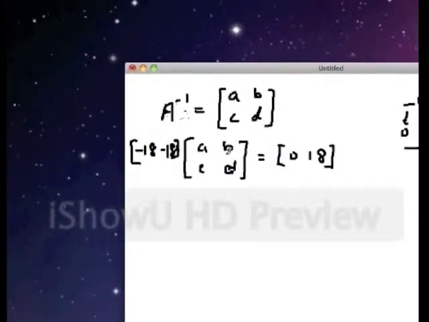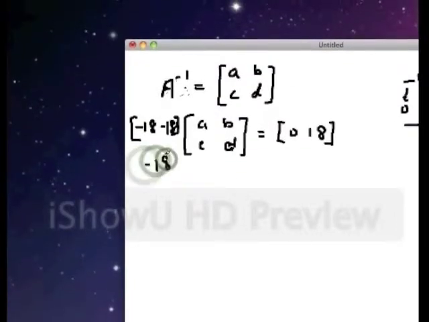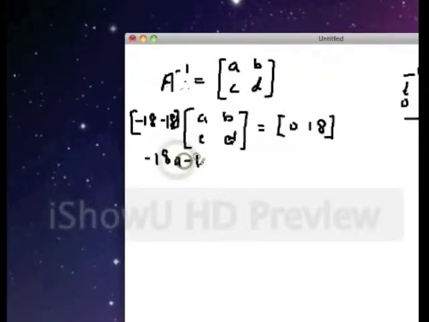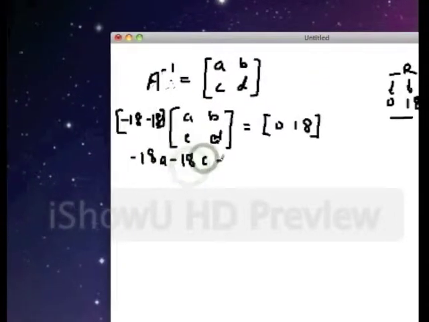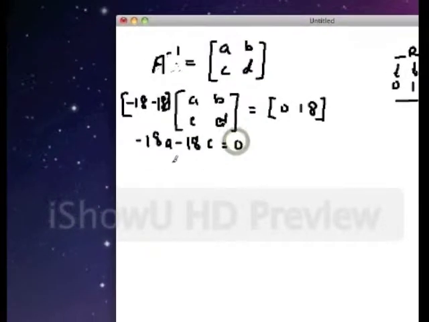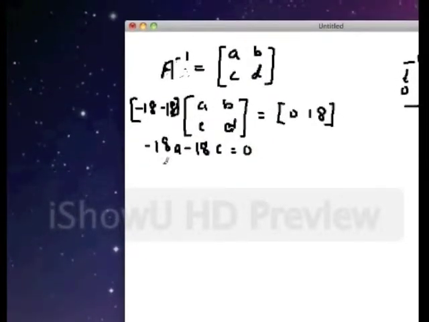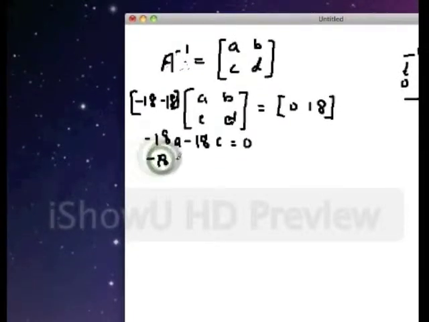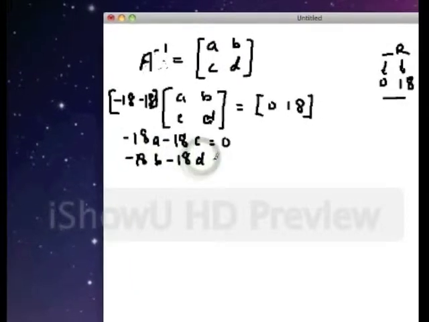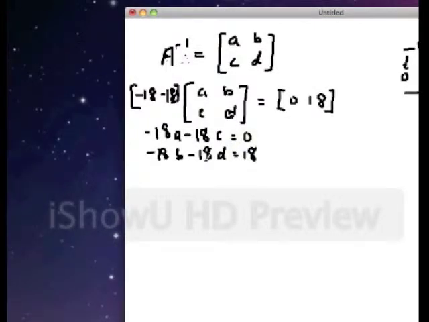When we did that, you'll find that you'll get negative 18 by A plus negative 18 by C equal to 0, and negative 18 B subtract negative 18 D equal to 18. So we have to go ahead and solve this.